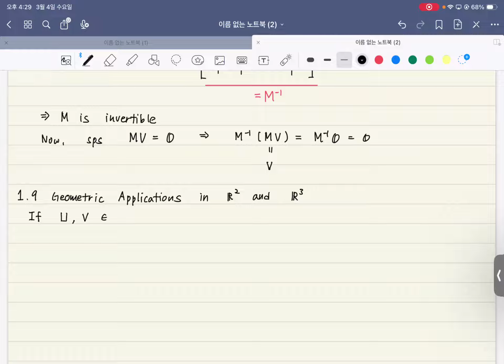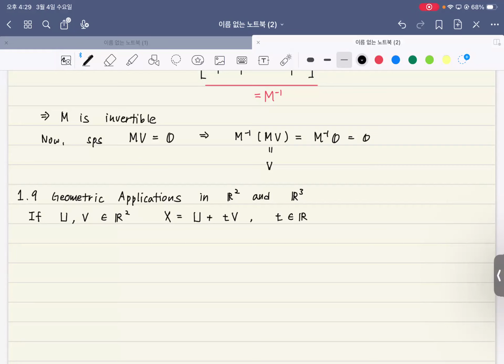Okay, first we want to talk about lines in 2 dimensions. Suppose we have two-dimensional vectors, and so these are a set of vectors, right?